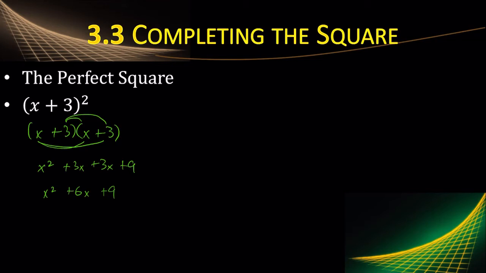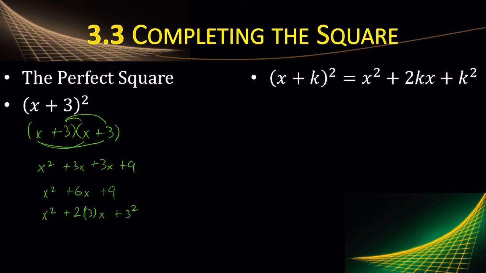Notice we could write this as x squared plus 2 times 3x plus 3 squared. So the 9 is half of the 6, squared.